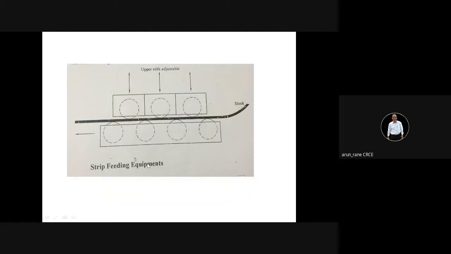This is your strip feeding equipment. Upper rollers which are adjustable. Stock. Stock is nothing but your strip. So as per the thickness, these rollers can be taken up. So this is how it is used for straightening the strip.